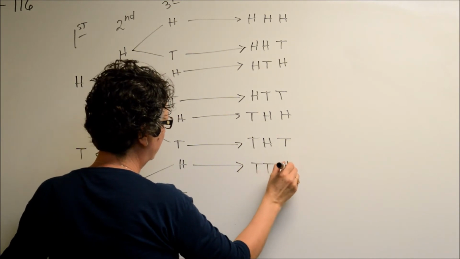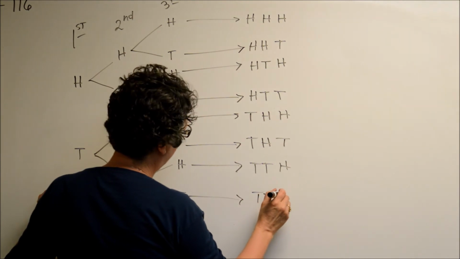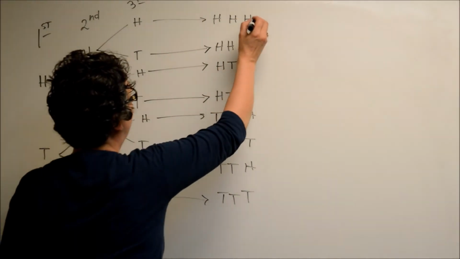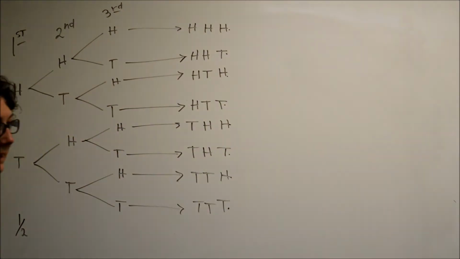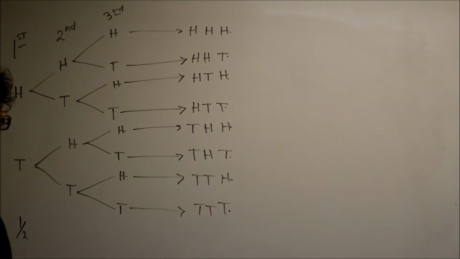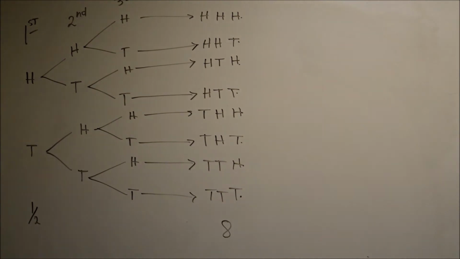Tails, tails, heads. Or tails, tails, tails. So I have 1, 2, 3, 4, 5, 6, 7, 8 different possibles. 8 possibles.